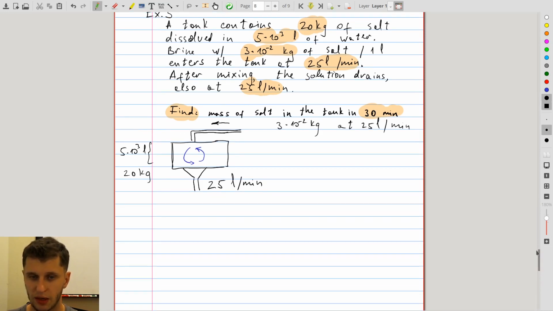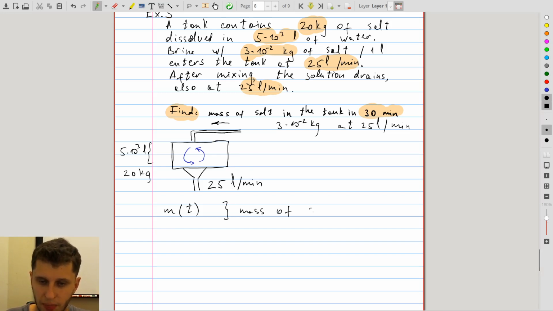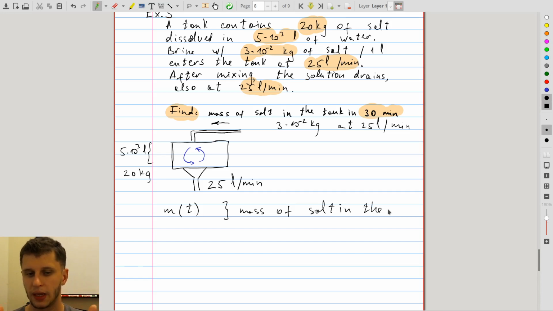So the idea here is that we want to model this situation as a differential equation for m of t, and this is the mass of salt in the tank. So we model this problem as a differential equation for the mass of salt in the tank.